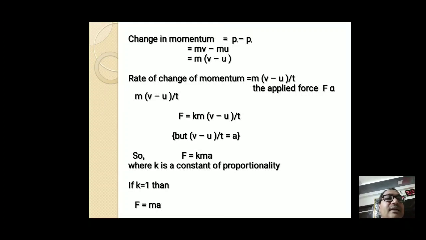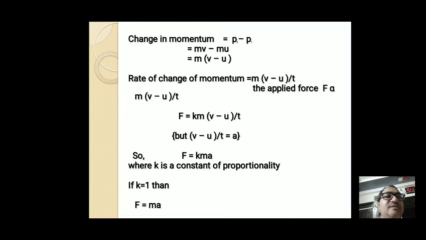So we can write that the applied force F is directly proportional to m into v minus u divided by t. When we remove the proportionality sign, we have to keep a constant, so F is equal to k m v minus u divided by t.